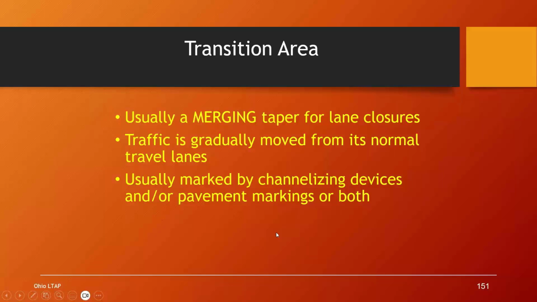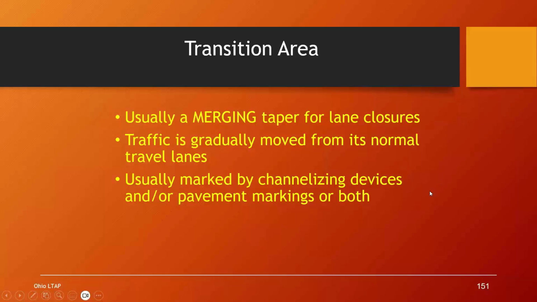So the transition area, usually on a multi-lane road, and merging taper is only on multi-lane roads and for lane closures. So you'll see them in the typical application number 30 and above. When you start at typical application number 30, you're dealing with multi-lane roadways and expressways.